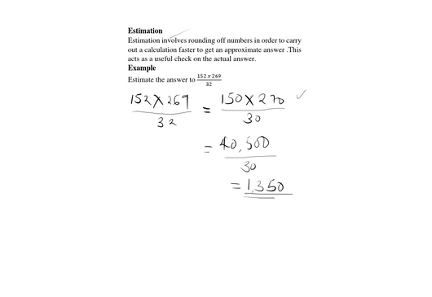This is an approximate answer or an estimated answer, which can be used to check on the actual answer. What I mean is that this answer here is very close to the answer when we carry out the actual operation or the actual calculation.